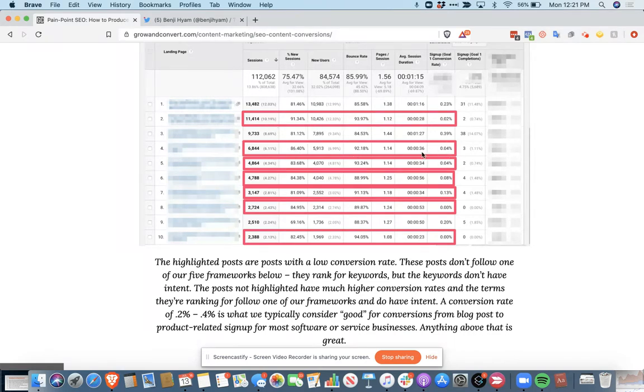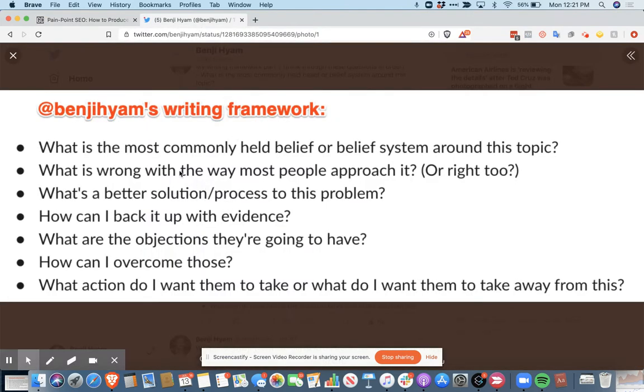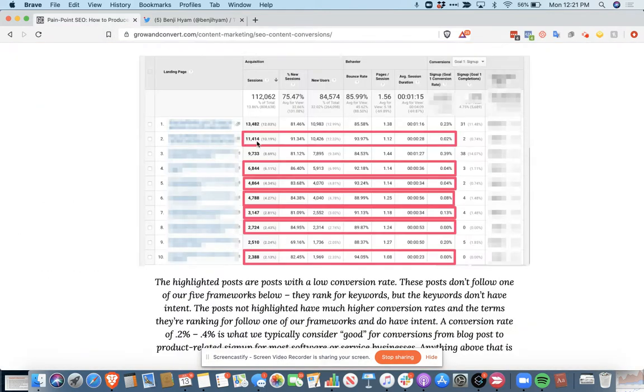They're just looking at their blog anecdotally and saying, oh, traffic is up, conversions are up, things must be great. And what we're saying here is, if you were to actually track conversions on a blog post by blog post basis, just because traffic increases doesn't mean conversions also increase.